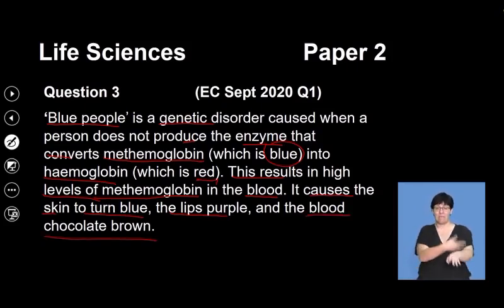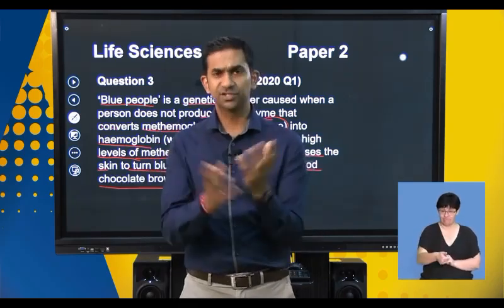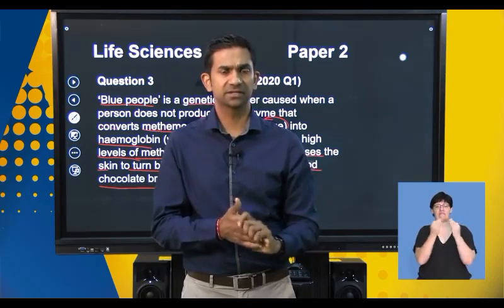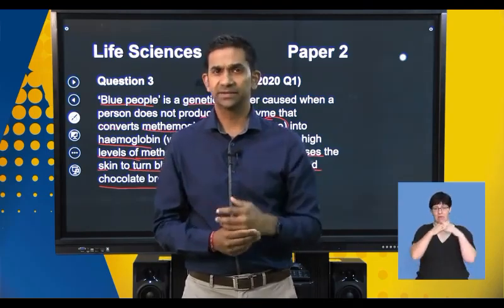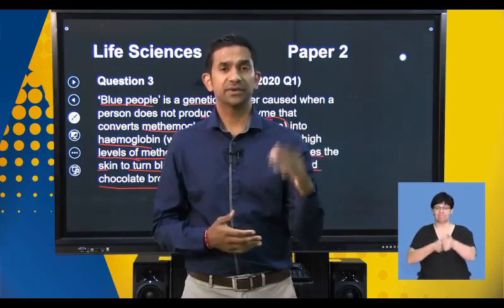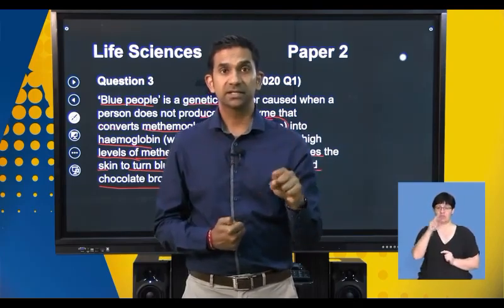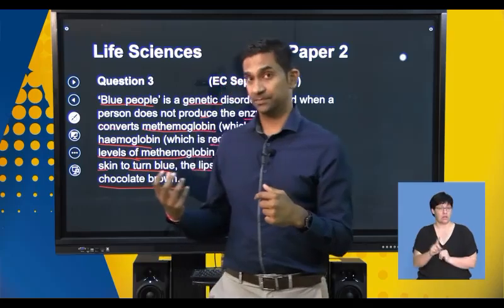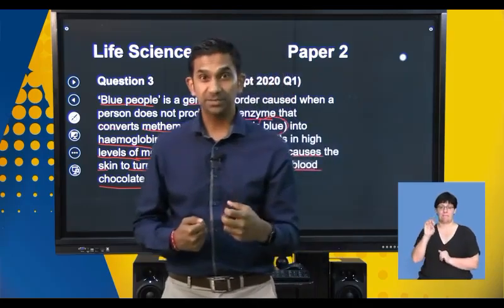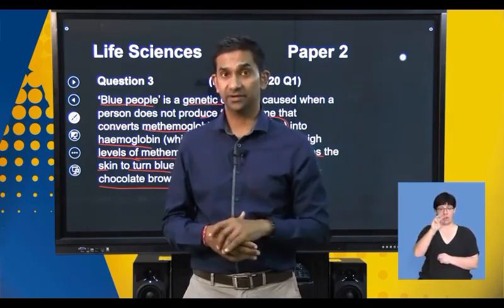So guys, here's a genetic disorder which has been inherited in a small isolated family that lives out in America, and this has been inherited over a few generations in that family. Essentially it was a mutation that resulted in an enzyme that is responsible for converting methemoglobin into hemoglobin not being able to carry out its function.